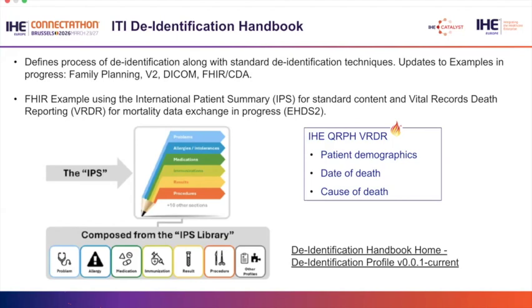Also, we have a vital records death reporting that can provide exchanges for mortality data, and mortality being one of those key outcome analytics that we use for quality measures and in public health. So this example includes both of those and some de-identification mechanisms.